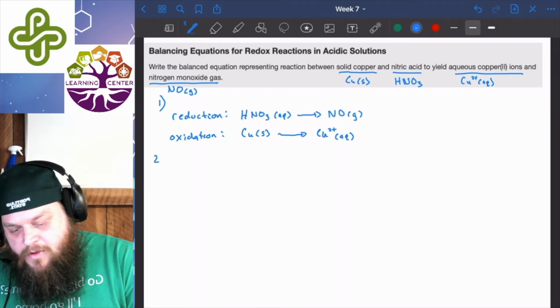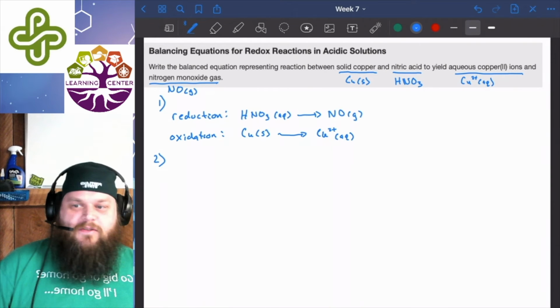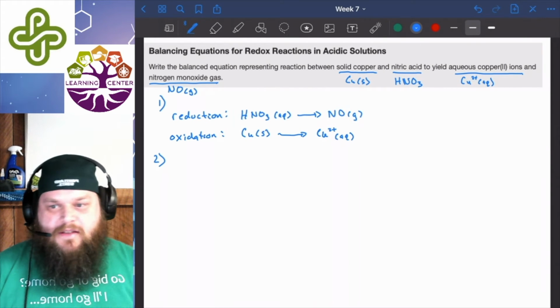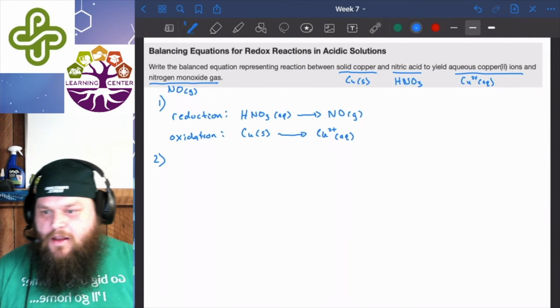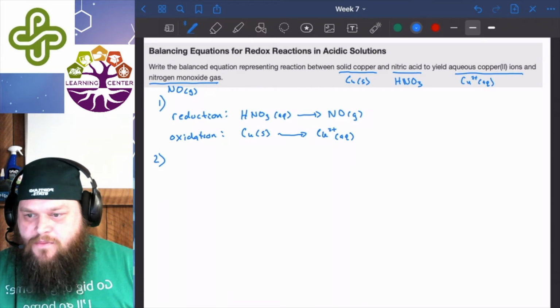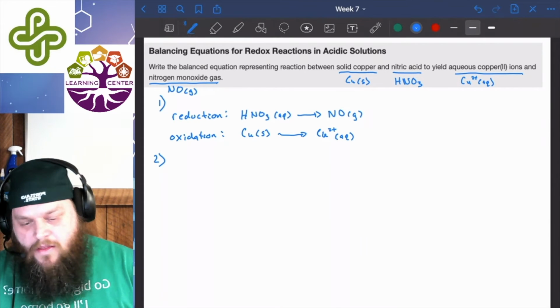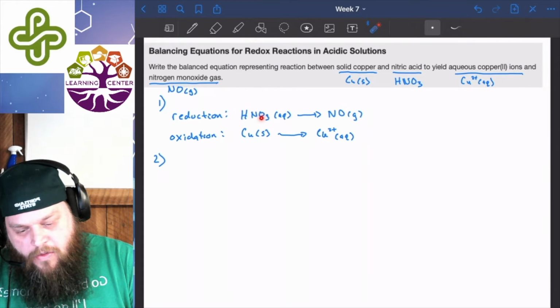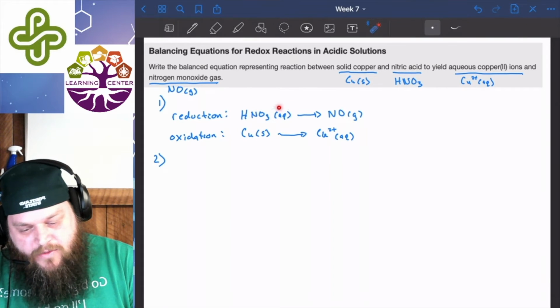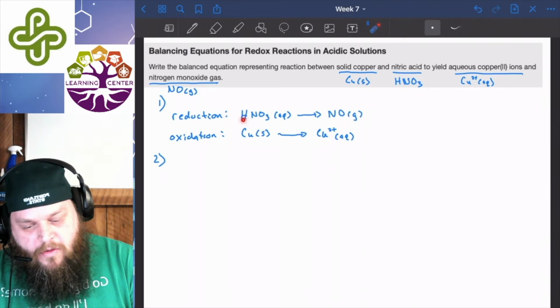Now step 2 was to balance each of those half reactions for all the elements except for hydrogen and oxygen. Looking at these, they're already mostly balanced. We can see that looking on this side, we have NO3, so really it's just the nitrogen we're looking at. There's one nitrogen, and there's one nitrogen. We're ignoring the hydrogens and the oxygens for this step.